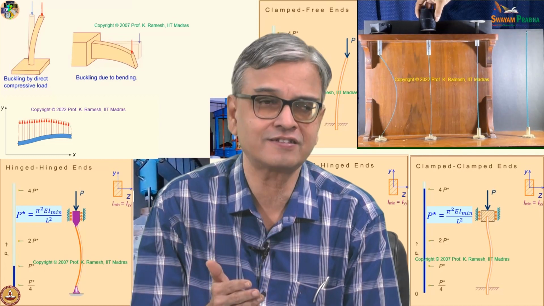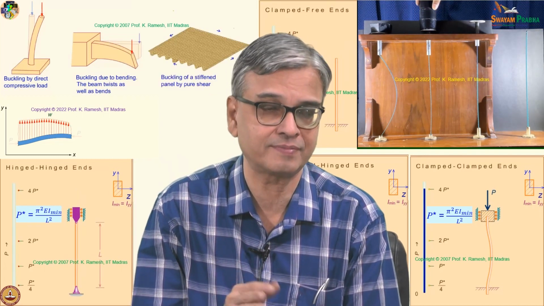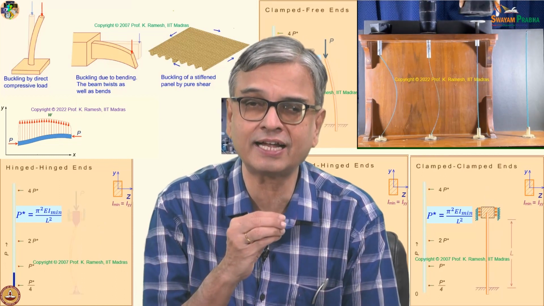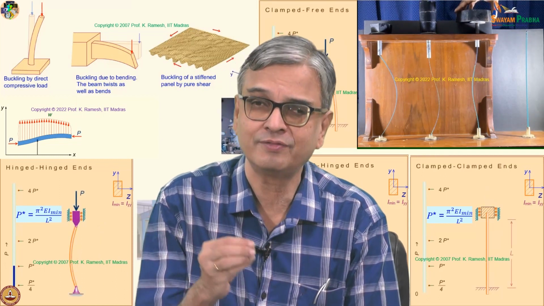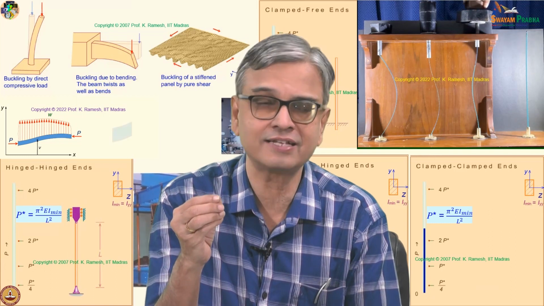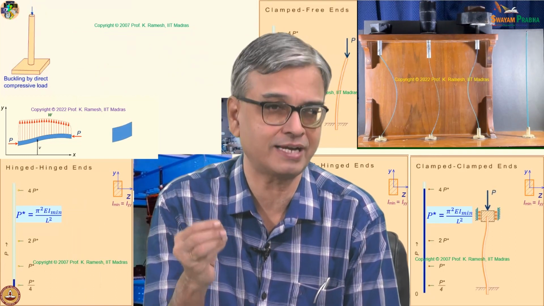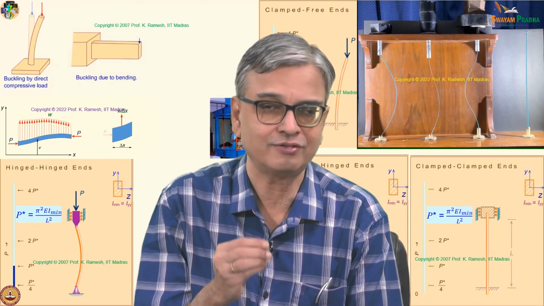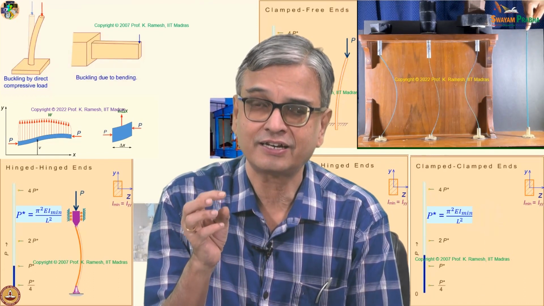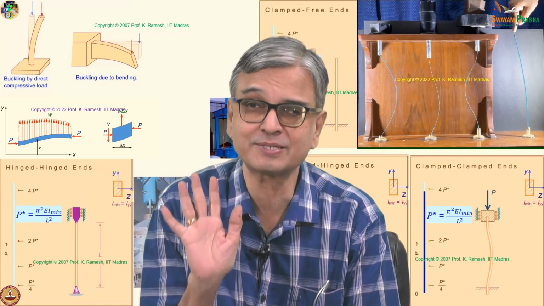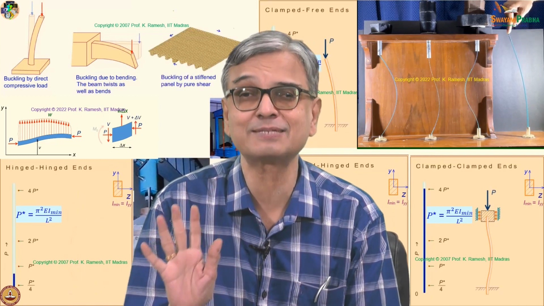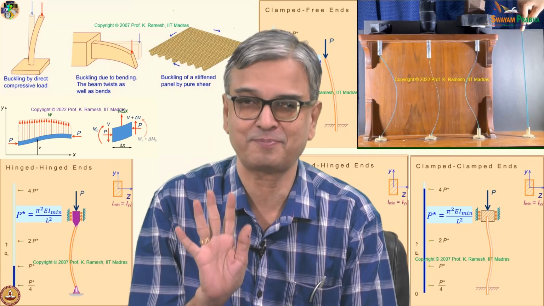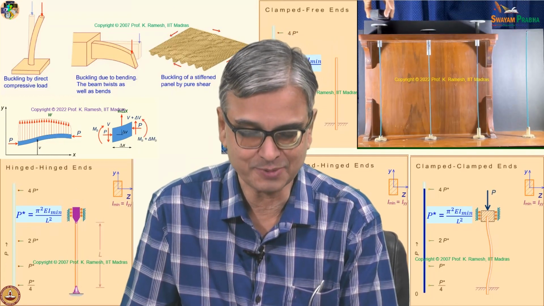All our discussions are confined to slender members. At times we may borrow that and use it even in a spur gear teeth, they analyze the gear teeth as a beam, cantilever beam. You may make some corrections to it. Engineers try to solve a given complex problem as best as possible. You should appreciate from that perspective.